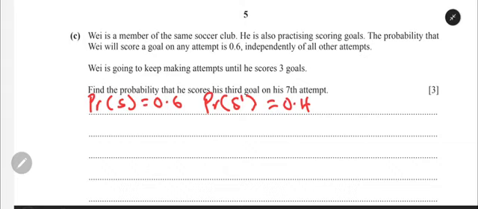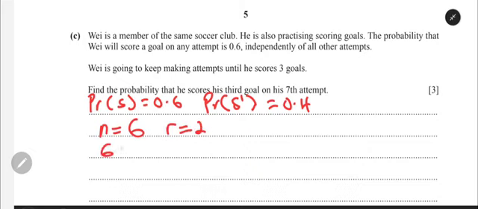For that, n will be 6, because we've removed the 7th attempt. We are saying we are going to get the first 2 goals from the first 6 attempts. So n will be 6, and r will be 2, because we are looking for 2 goals.